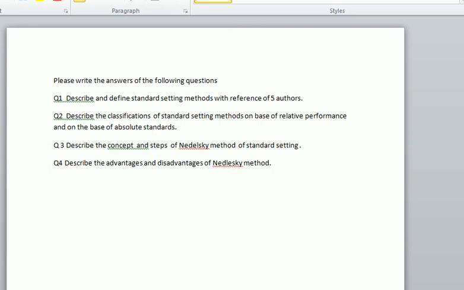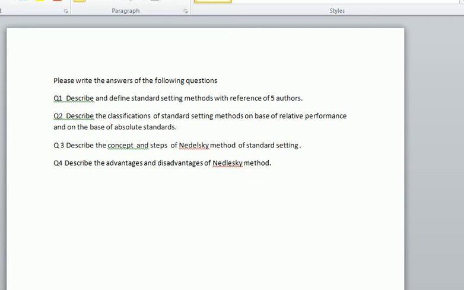Dear students, please write the answers of the following questions. Number 1, describe and define standard setting method with reference to 5 authors. Question number 2, describe the classification of standard setting methods on the base of relative performance and on the base of absolute standards.